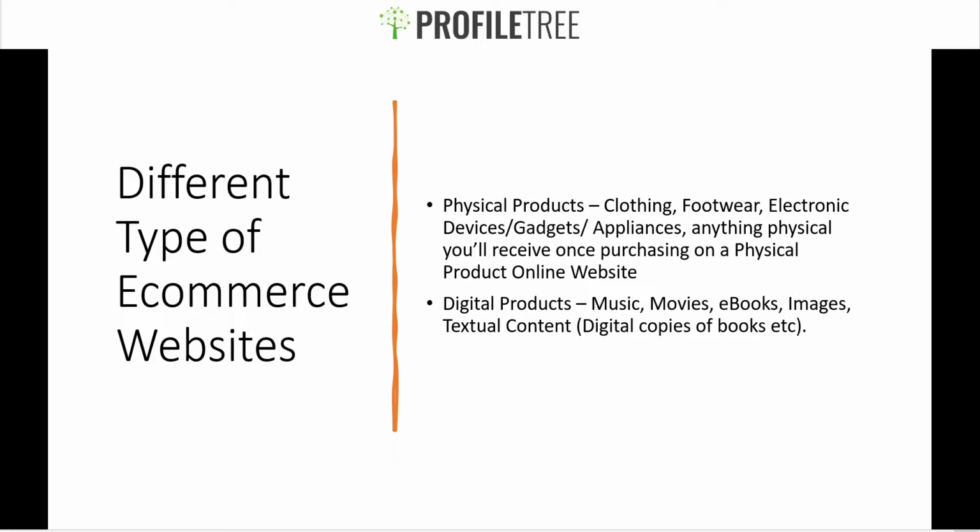So, the different types of e-commerce websites. We've got physical products, where it would have clothing, footwear, electronic devices, gadgets, appliances, anything that you'll receive as a physical product. That could be like an electronic store, of course, like Best Buy or Currys PC World, which is what it was previously known as. Or any digital products.